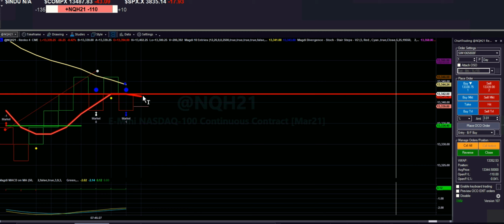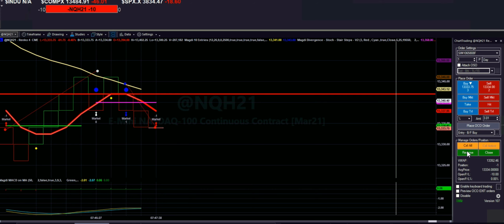So see that moving average changes with the bar complete. But anyway, if this completes here, we have to reverse. Oh man, reverse. Order filled. So we're going to reverse.